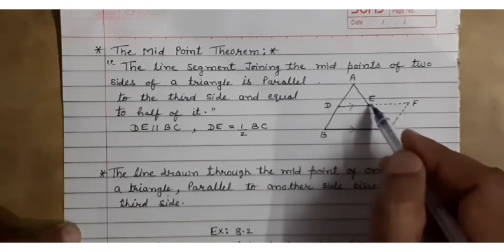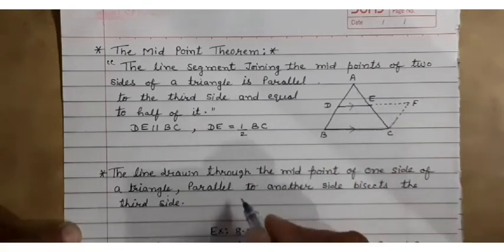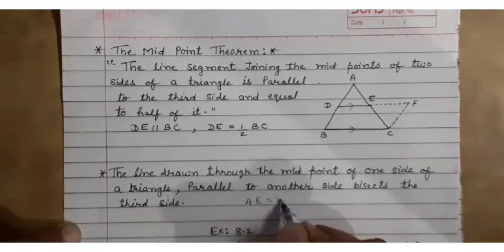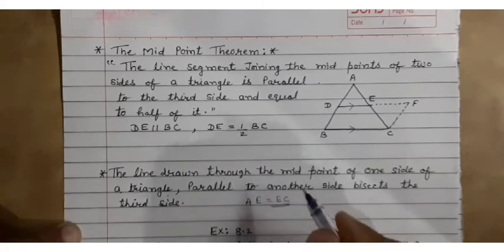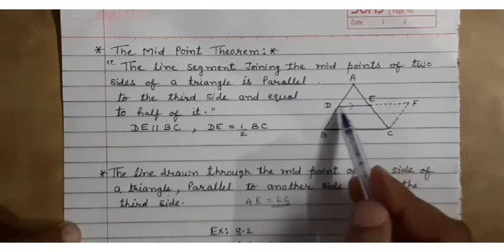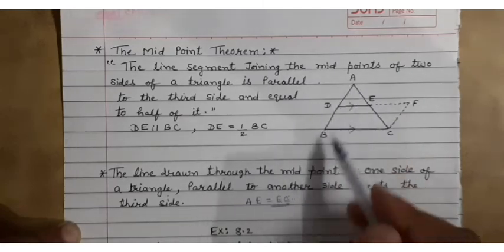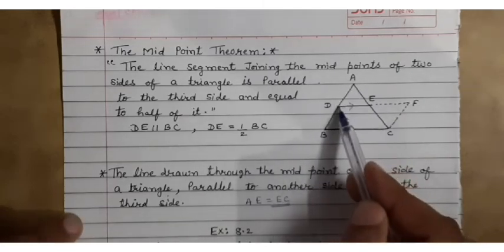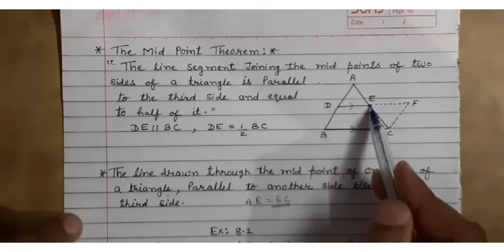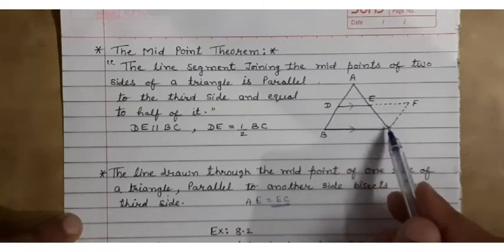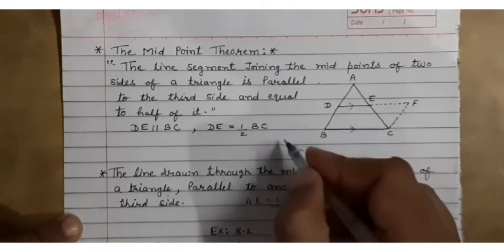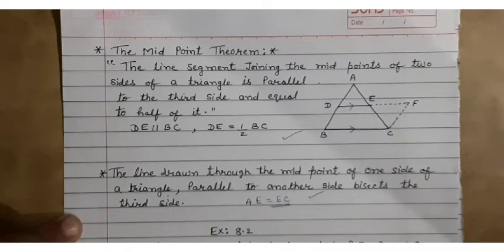You have to show AE is equal to EC. In the first one, if two midpoints are given, then the line should be parallel and half of it. And in the second one, if this midpoint is given and the line is parallel, then definitely E will be the midpoint of AC. These are two main basic concepts of exercise 8.2.